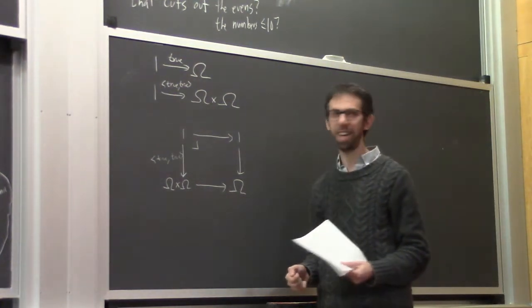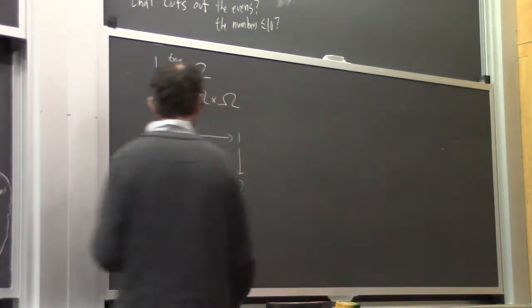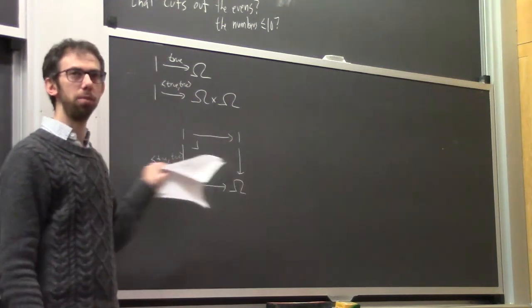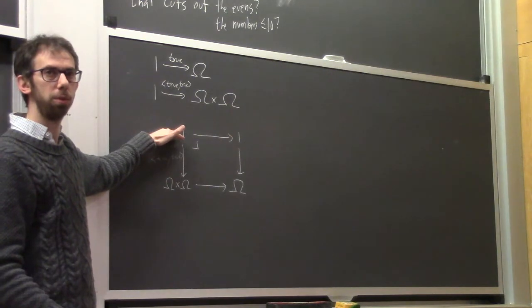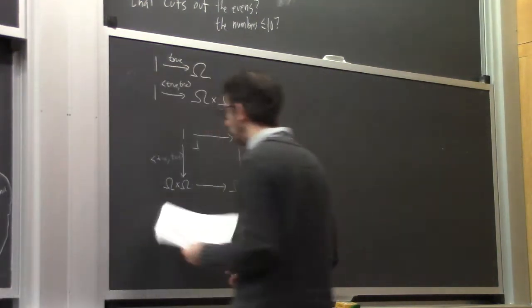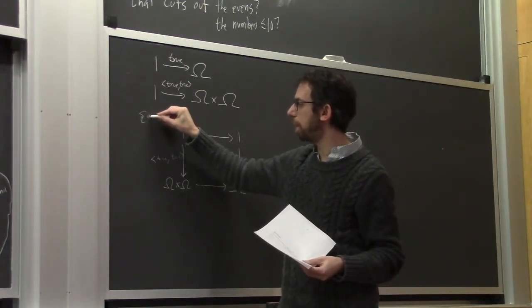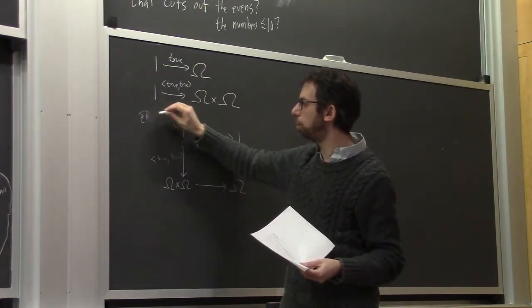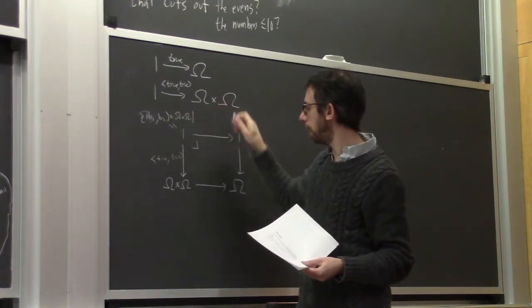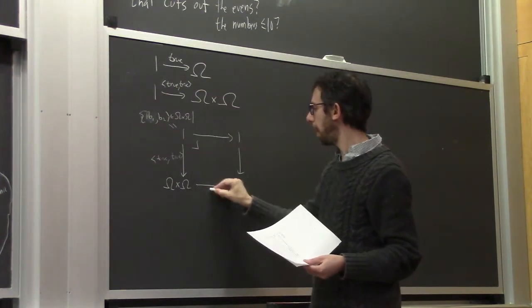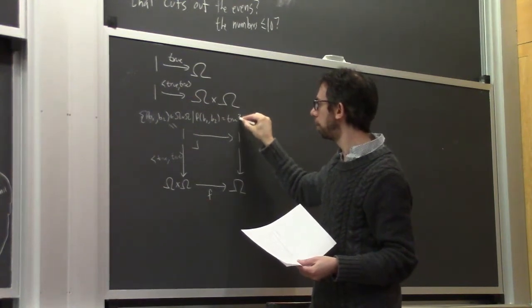Is it and, is it or? XOR? Well, you're right that any binary operation from true false times true false to true false classifies some subobject of true false times true false. And this one, we know that this has to be the set of all elements B1, B2 in omega times omega such that f of B1, B2 equals true.